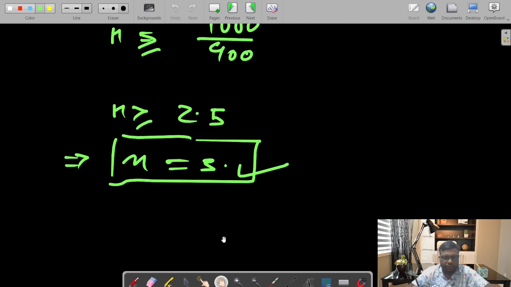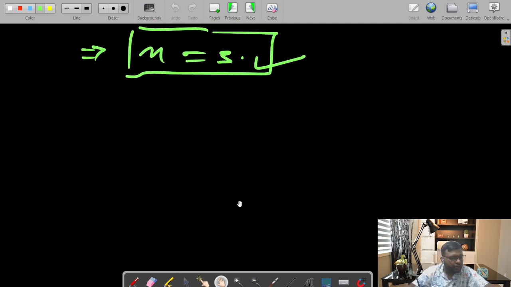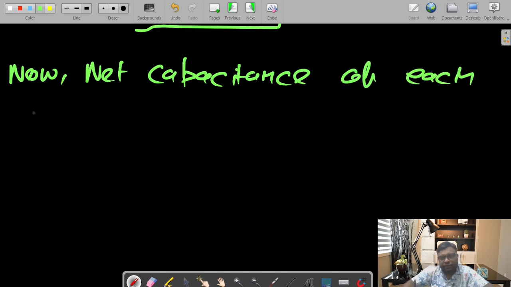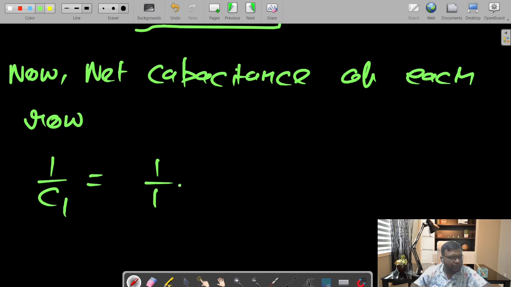Now we will calculate the net capacitance of each row, and there are 3 capacitors along each row, and we know from the series combination 1 upon C1 is equal to 1 upon 1 plus 1 upon 1 plus 1 upon 1.